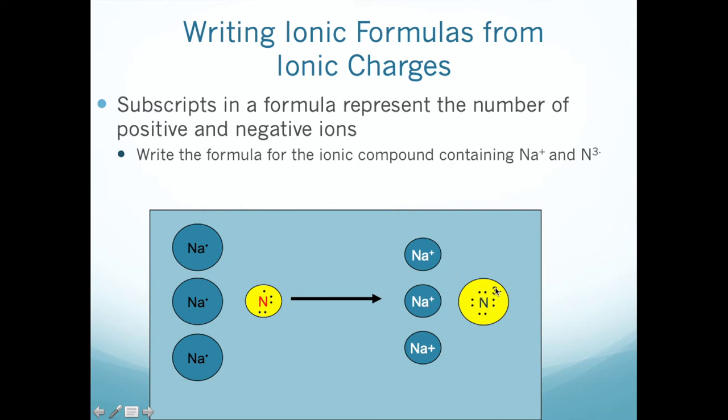So when it does so, it gets a 3- charge. So it needs 3 sodium ions to balance out that 3- charge on our nitride ion. And therefore the formula is Na3N. So notice we put the 3 after the sodium to show that there are 3 of those sodium ions for every one of our nitride ion.